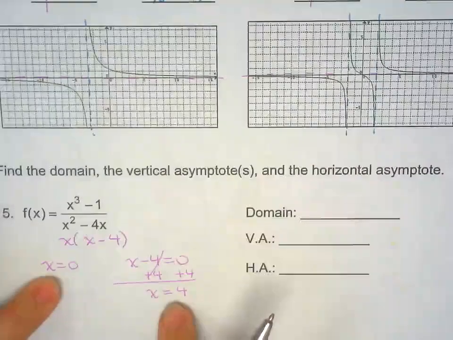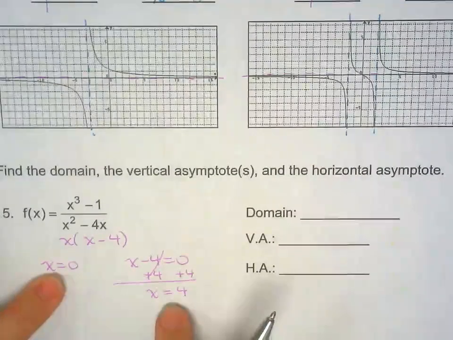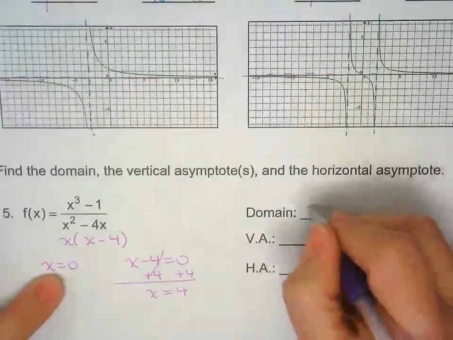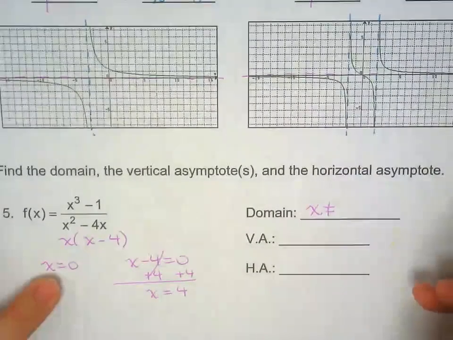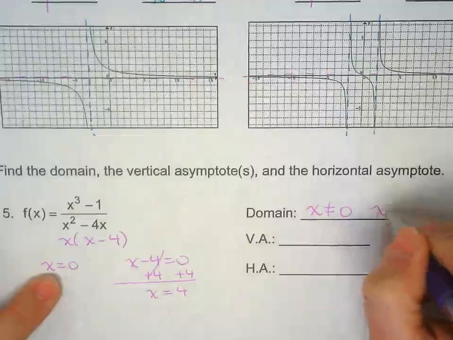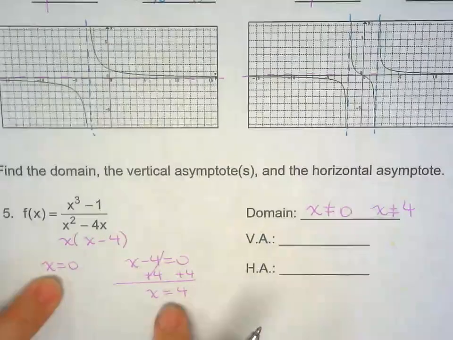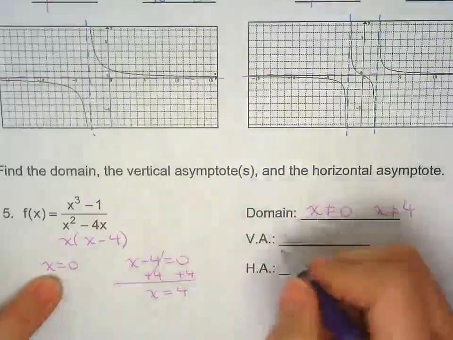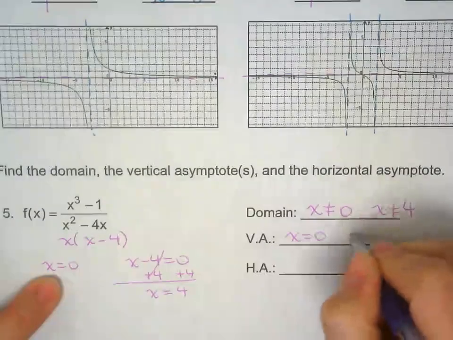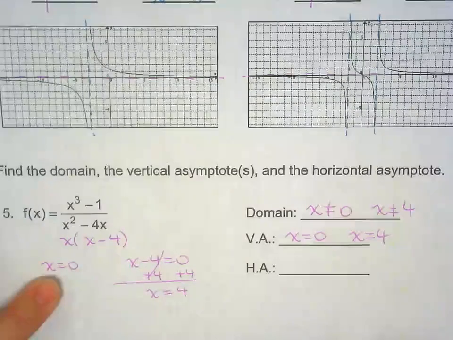So we're going to have 2 restrictions on the domain. So the domain can be x is not equal to 0, x is not equal to 4. And the vertical asymptote would go right through x equals 0 and x equals 4.